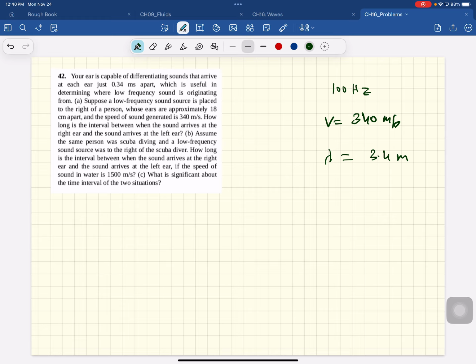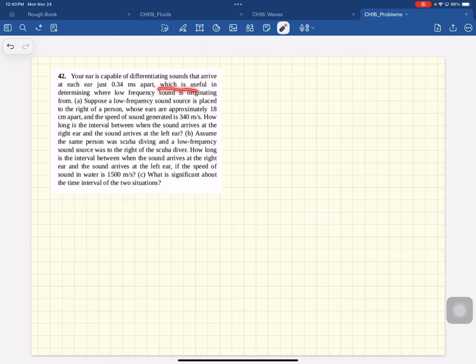So for low frequency sounds, this time difference is how you locate the direction of the source. So this is useful in determining where low frequency sound is originating.